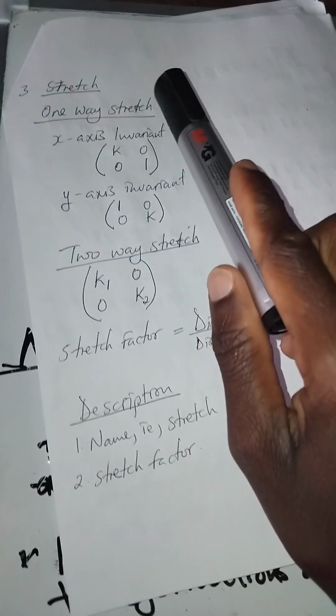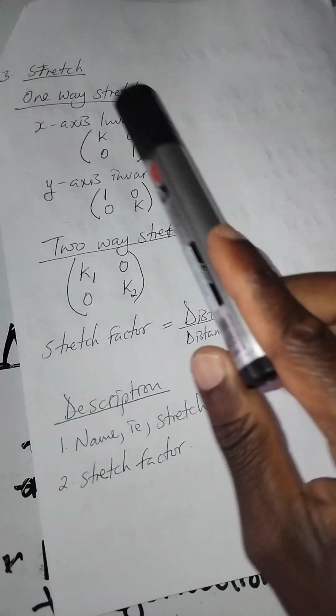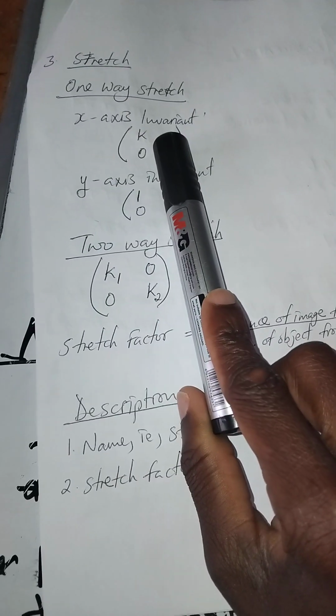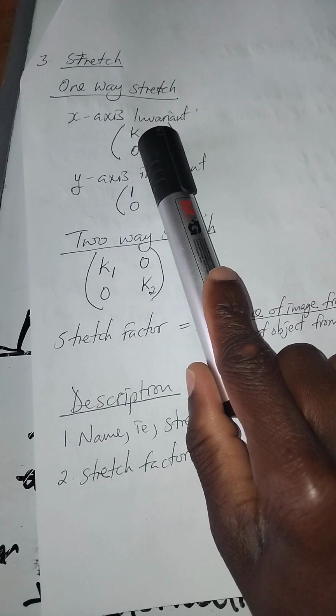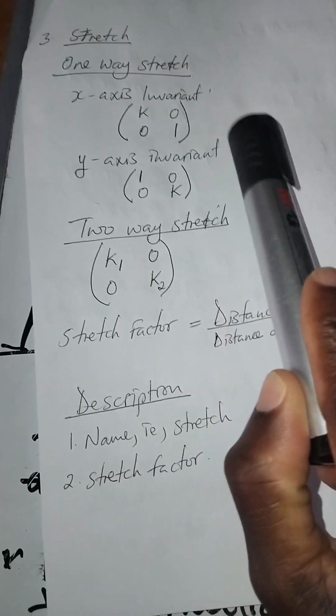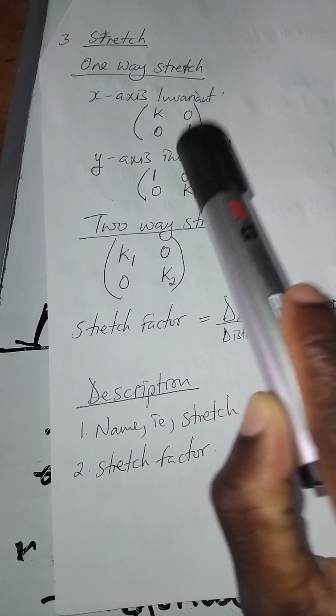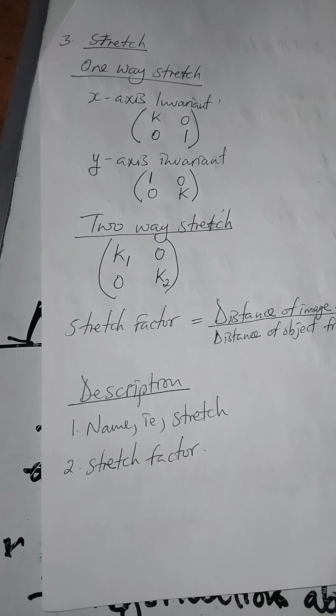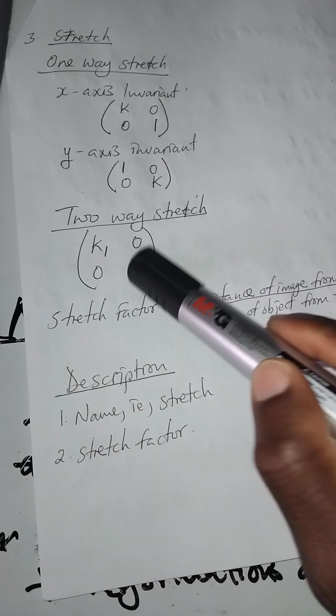Right. Stretch, we have one-way stretch and two-way stretch. So for one-way stretch, we have the x-axis invariant line, this matrix, and the y-axis invariant line, this one, where k is a scale factor. Two-way stretch has two scale factors, K1 0 0 K2.